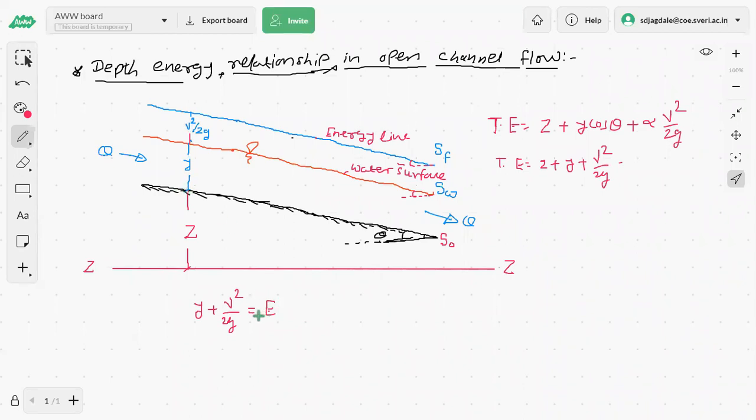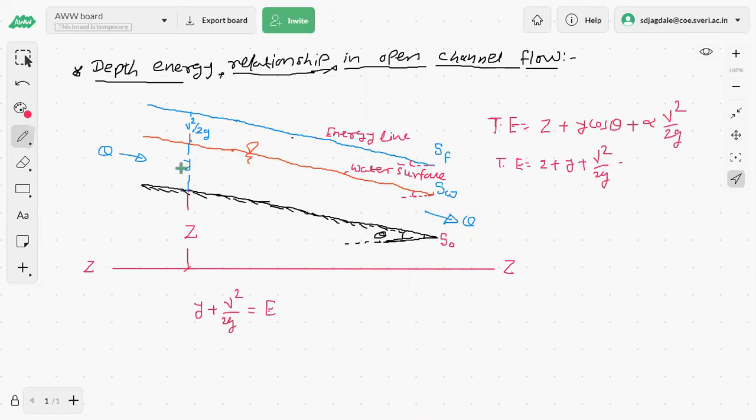So the specific energy is the energy per unit weight of a flowing fluid, whatever it may be. Here we have considered water; it may be oil and so on.